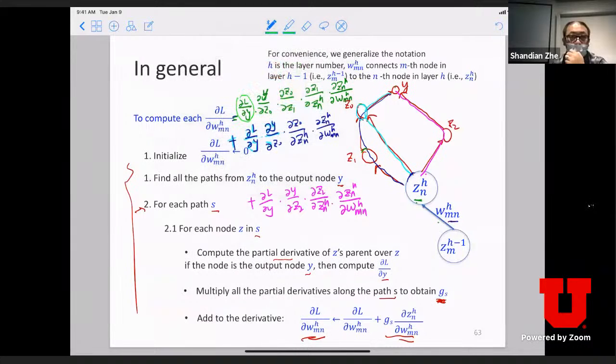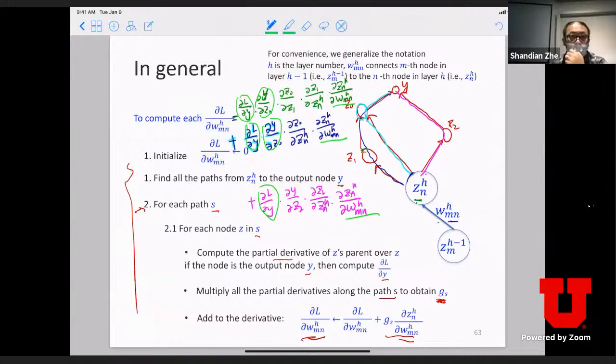Partial L over partial Y appeared 3 times, and partial Y over partial Z0 appeared twice. And every time you have to compute partial ZNH over partial WMNH, right? So a lot of redundant computation.